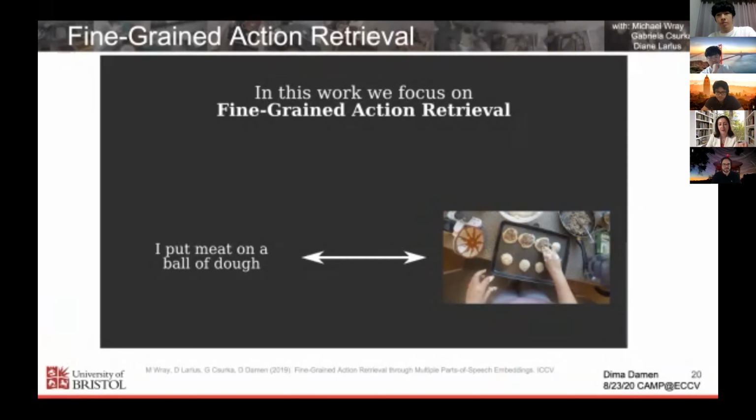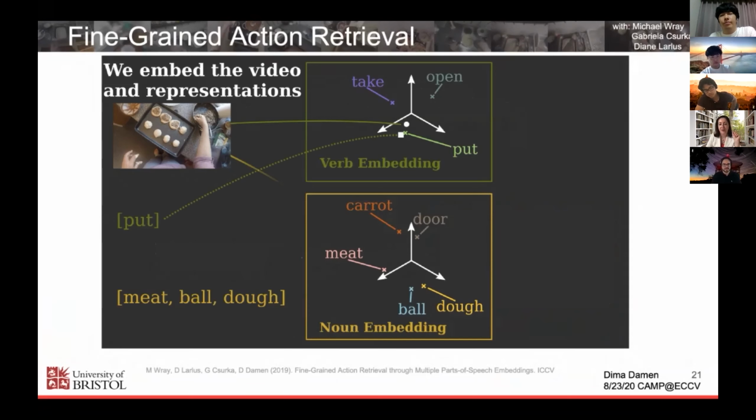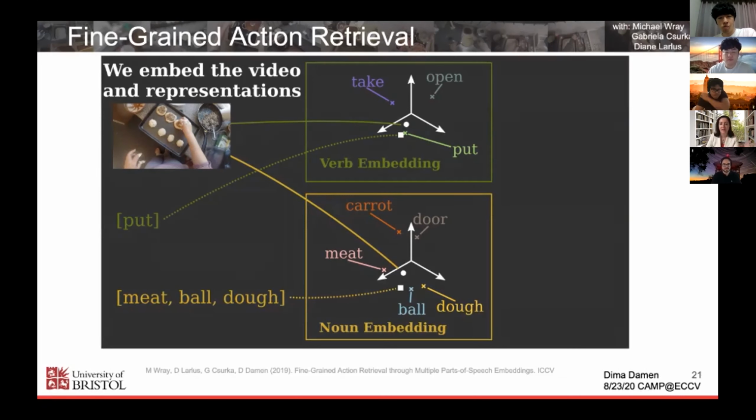In this work, we use part of speech to give us this compositional understanding, i.e. we're taking the video along with the verb, and we are providing a verb embedding, a space where the video is embedded close to the verb, and similarly, all other videos that are related to the put action are embedded close. Then a completely different projection, a completely different embedding space, looks at the video and at the nouns, right? So this is a verb embedding and a noun embedding.